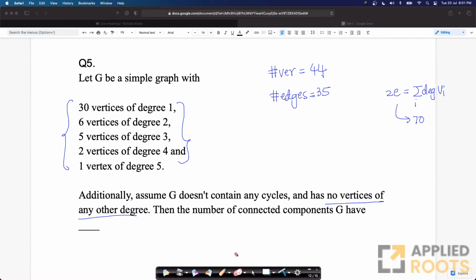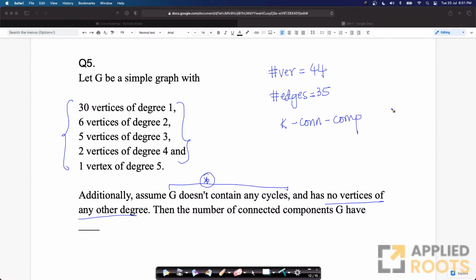This is another very interesting fact. Look at what we are trying to build here. The most important thing here is the graph does not contain any cycles. No cycles whatsoever. Now imagine that there are k connected components. This is also a very important piece of information. Suppose there are k connected components, right?